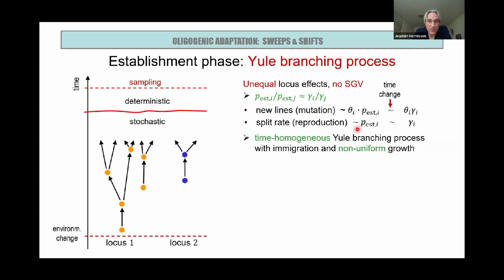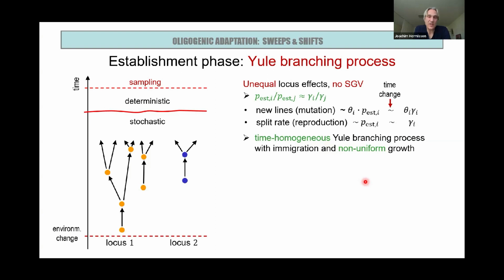Good. So we can do the same thing as before, this time change, by scaling out this establishment probability. And in this case, we get something like that. So we get a theta_i times gamma_i for the new mutations, and we get a split rate of gamma_i. Now, once more, and this is a good thing, this is a time homogeneous Yule process.